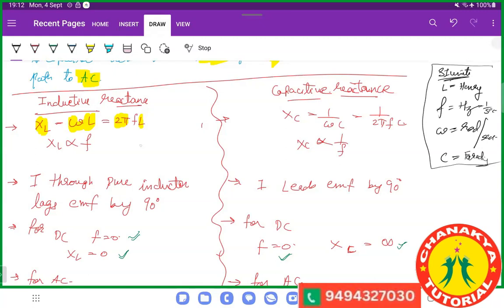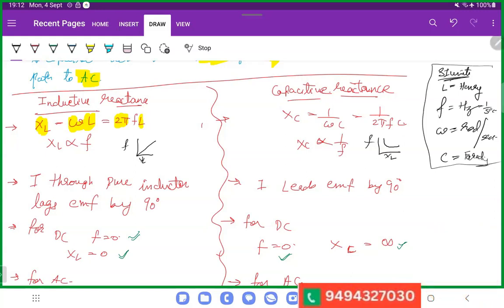So XL and F are directly proportional. Frequency and XC, in this one, they are inversely proportional. F and XC are inversely proportional to each other.